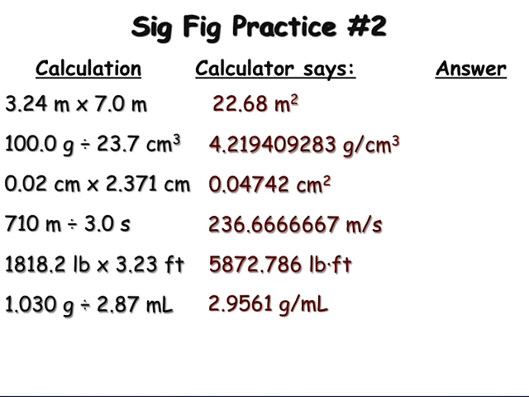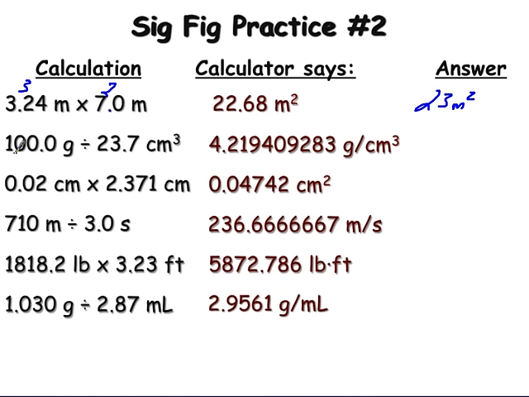Okay, so let's look at a couple of these here. So if we're multiplying these two numbers, this one has 3 sig figs, this one has 2, because of the decimal it has 2. So I'm going to round to 2 sig figs. So this value, rounded to 2 sig figs, is going to be 23 meters squared, right? That's 1, 2 sig figs.